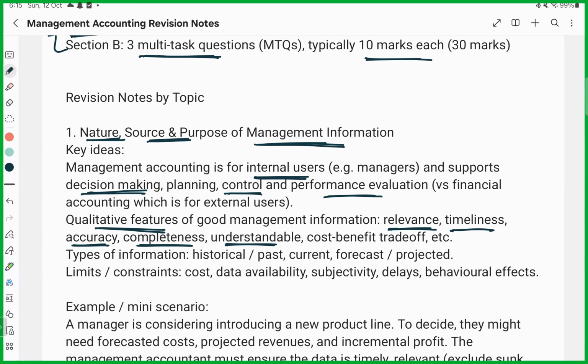Suppose I have to manufacture product A, and I have two options available with me: to make the product or to buy the product. Suppose if I buy the product, it will cost me 15 rupees per unit.